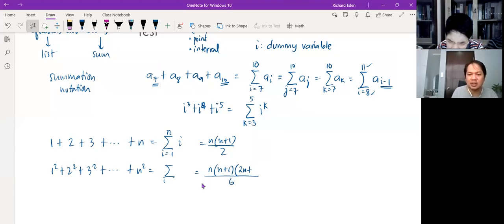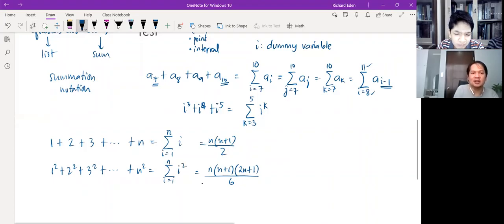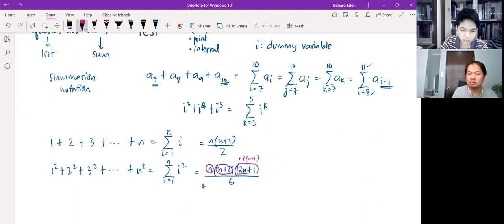The third factor is 2n plus 1. Okay po. All right. What I remember is the following. Okay, ito. The first two factors are n and n plus 1. So if you add them together, they would result in 2n plus 1.